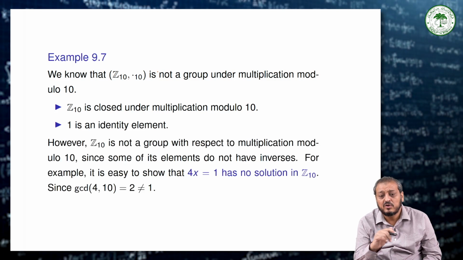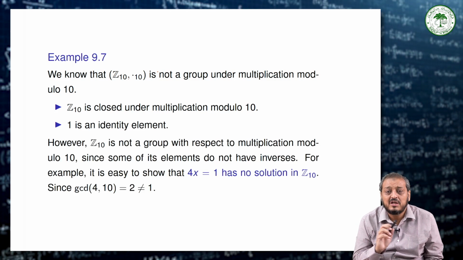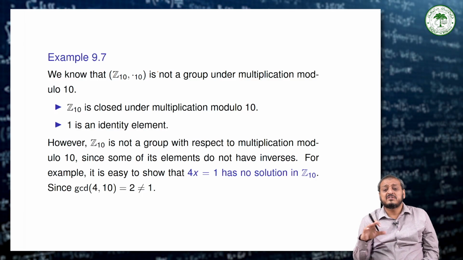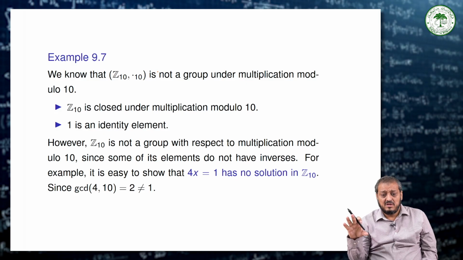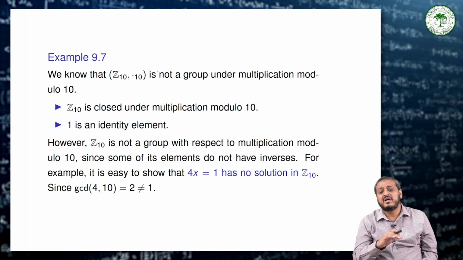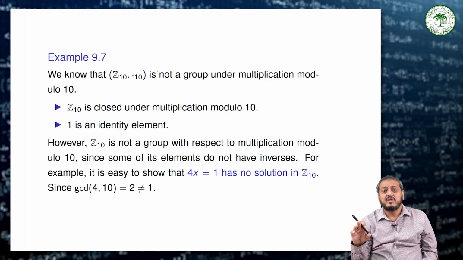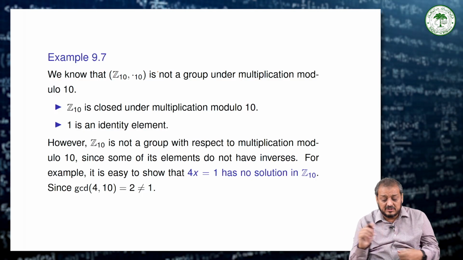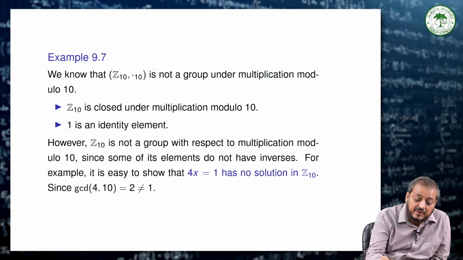So Z10 is not a group with respect to multiplication modulo 10, since some of its elements do not have an inverse. For example, it is easy to show that 4x = 1 has no solution in Z10.